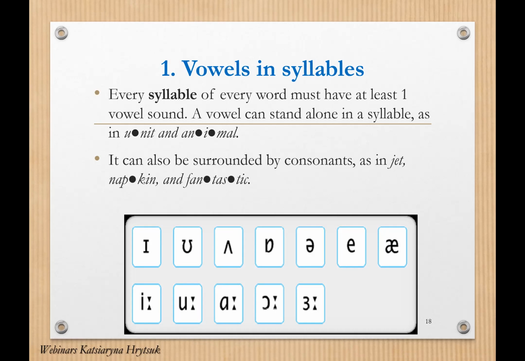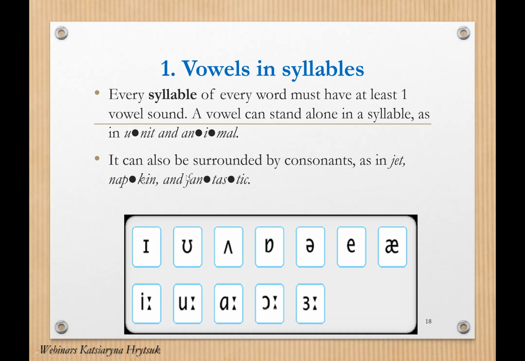It also can be surrounded, окружено, by consonants, as in the word jet. You see, one vowel, and around this vowel we have two consonants. Napkin. So we have one vowel A. It's surrounded by N and P. Okay?